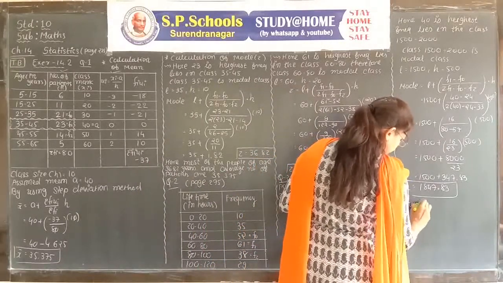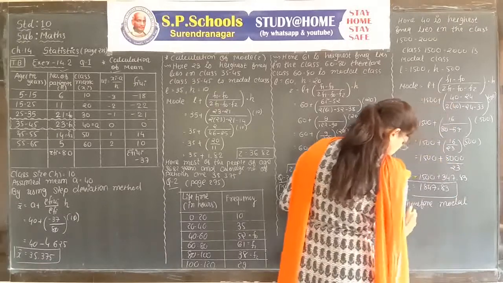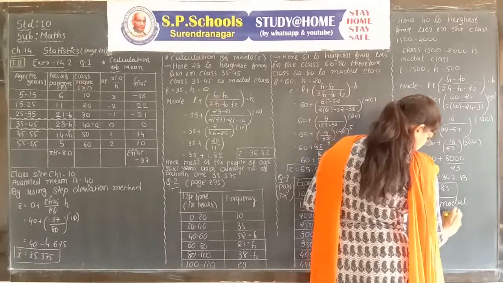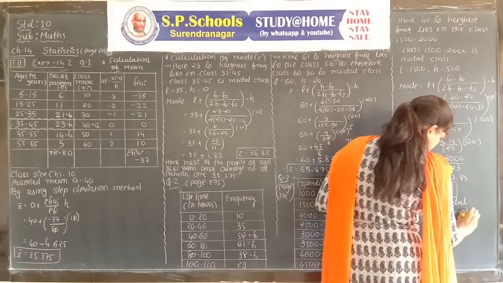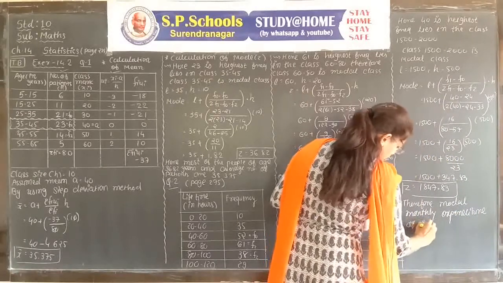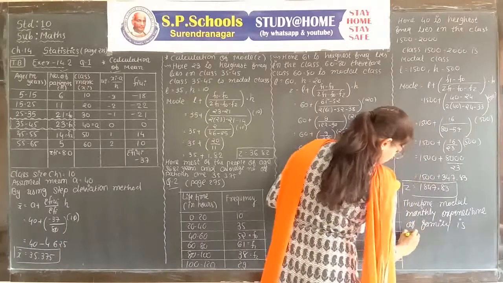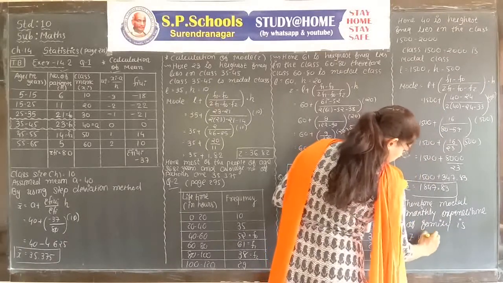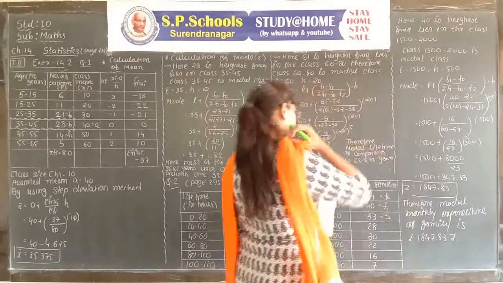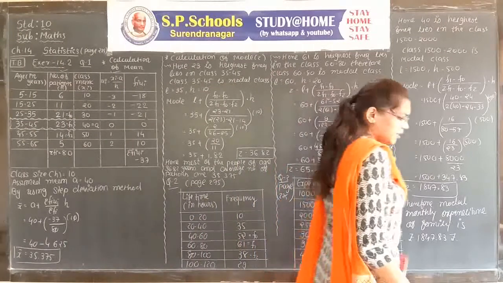Therefore, the modal monthly expenditure of family is 1847.83 rupees. Hence here the question number 3 is completed.